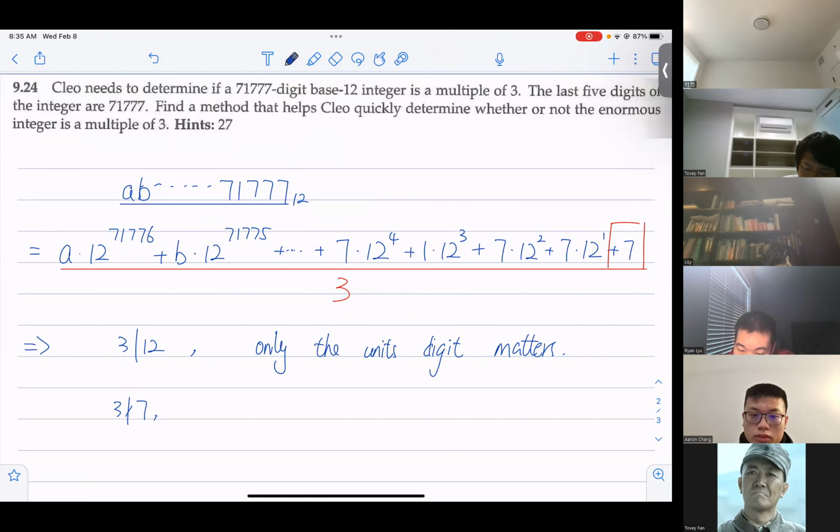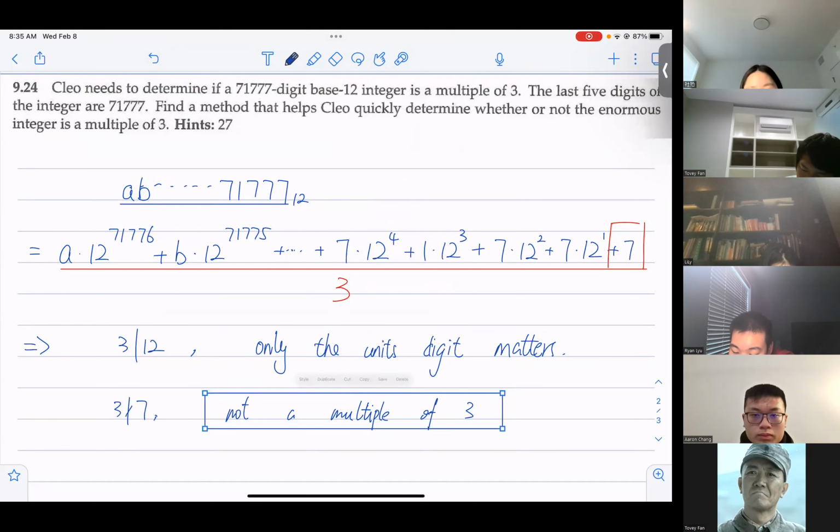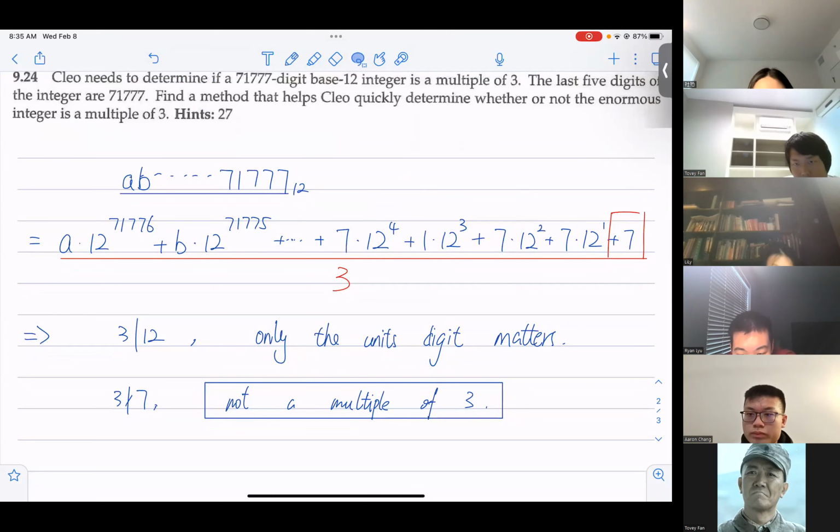So the number is not a multiple of 3. Okay. That's it. Okay, Rika, Lily, does that make sense? Because 12 can be divided by 3, right? Wherever there is a 12, it is divided out. Okay, Aaron, does that make sense?